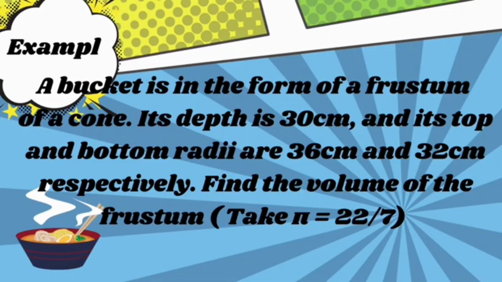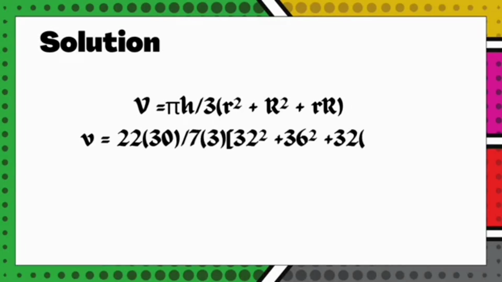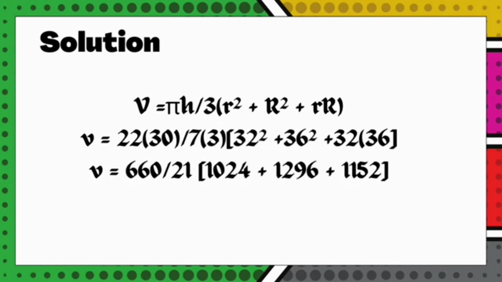In our next example, a bucket is in the form of a frustum of a cone. Its depth is 30 centimeters and its top and bottom radii are 36 centimeters and 32 centimeters respectively. Find the volume of the frustum. From the solution, the volume of the frustum of a cone is pi times the perpendicular height divided by 3, multiplying the small radius squared plus the big radius squared plus the small radius times the big radius.